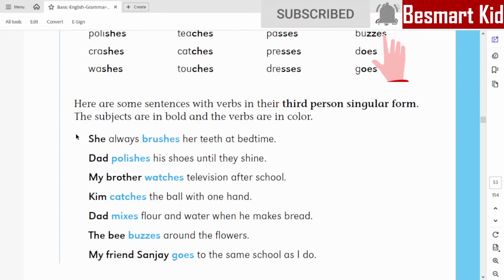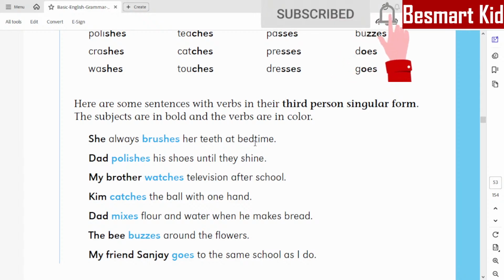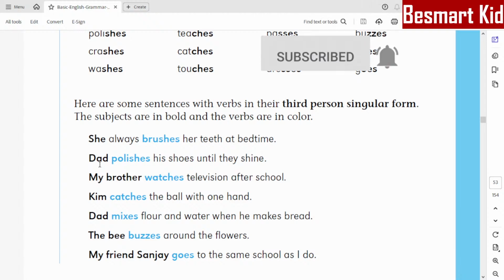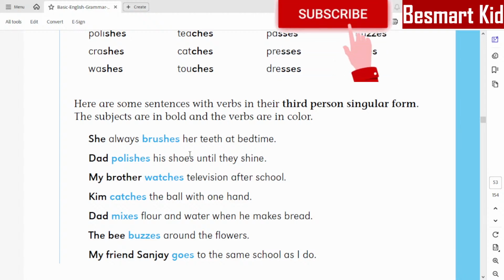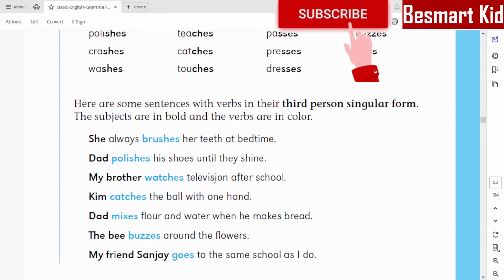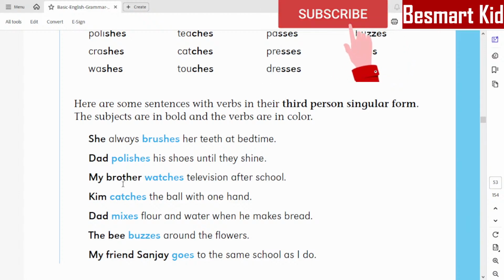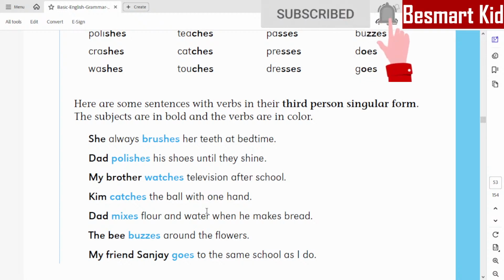She always brushes her teeth at bedtime. Dad polishes his shoes until they shine. My brother watches television after school. Kim catches the ball with one hand.